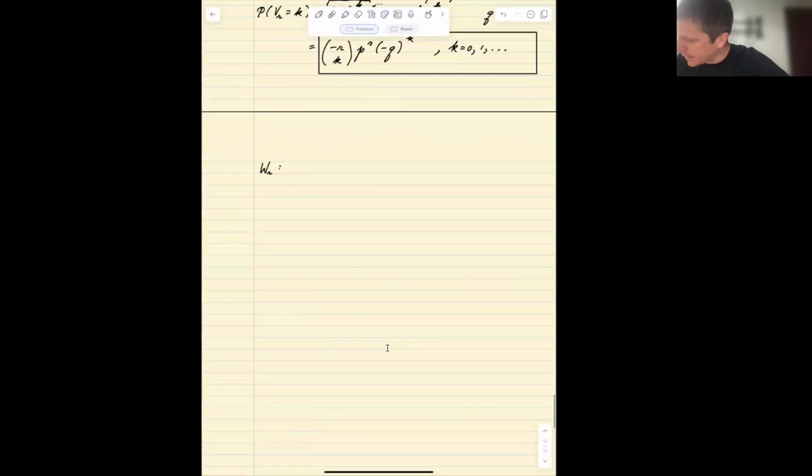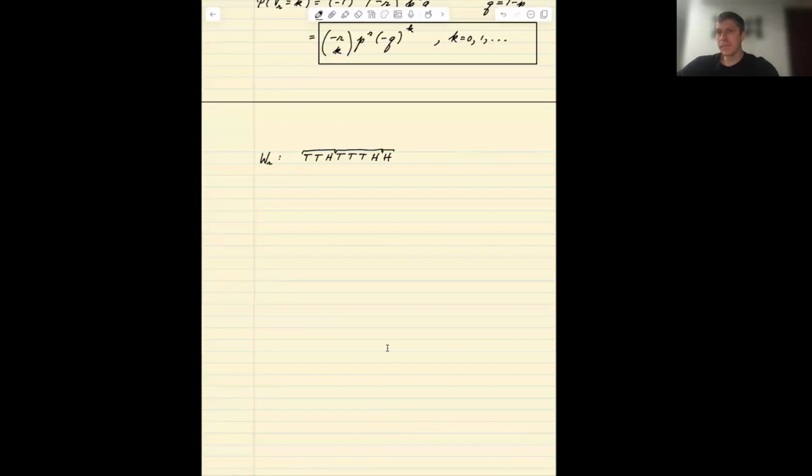One way to think about this is, well, in order to wait for the third head, in this case, first we have to wait for the first head. Then we start over again. We wait for the next head. And then we start over again and we wait for the next head. And everything's independent of everything else, remember.